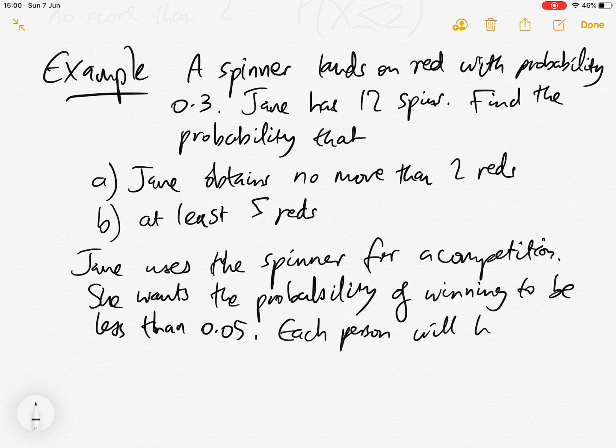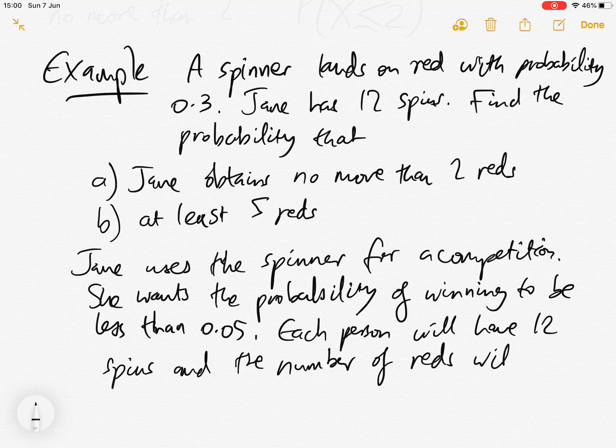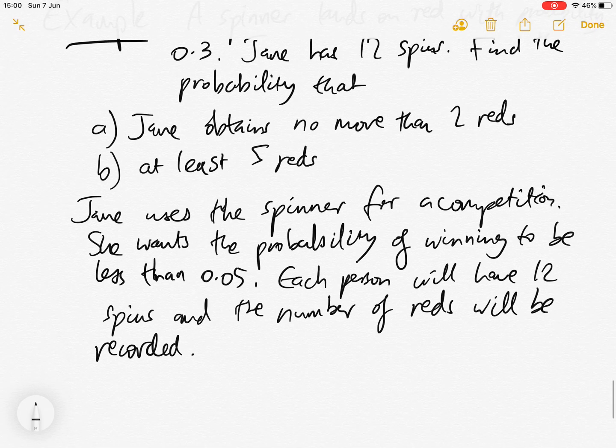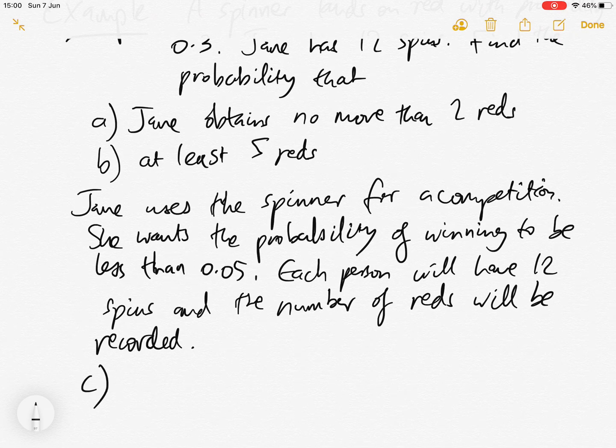Each person will have 12 spins, and the number of reds will be recorded. And then part C is find how many reds are needed to win a prize.